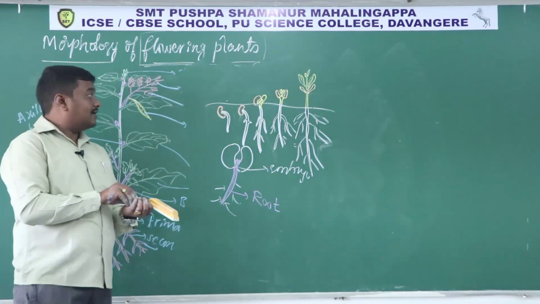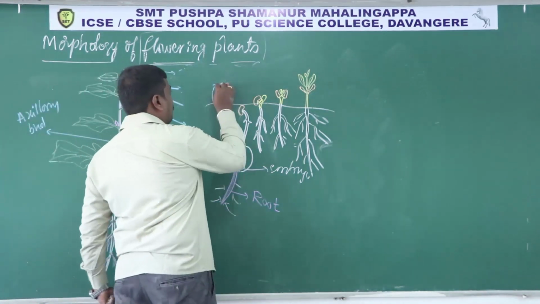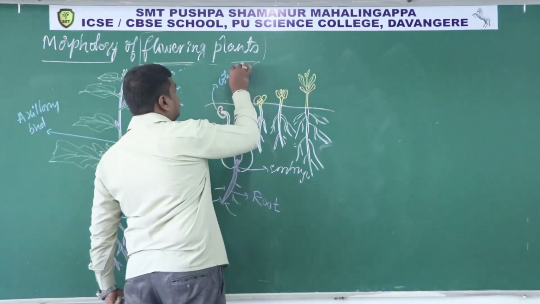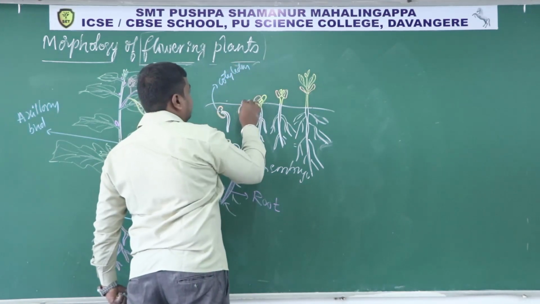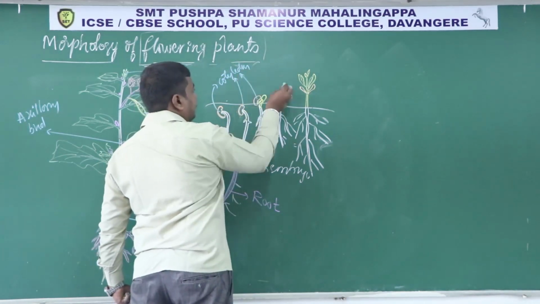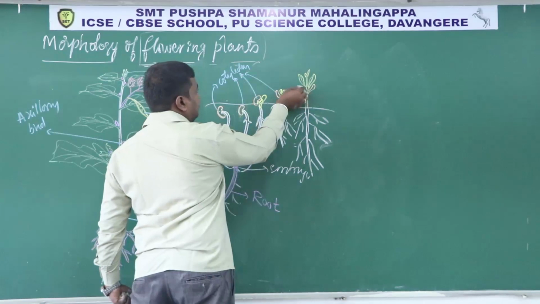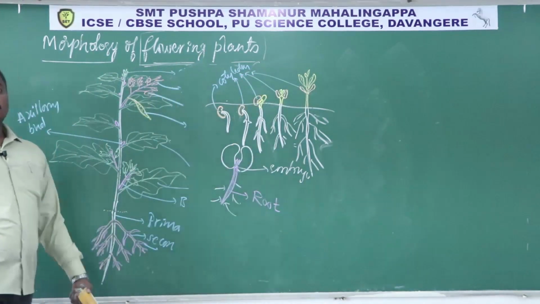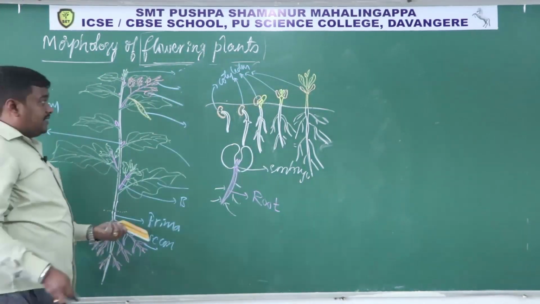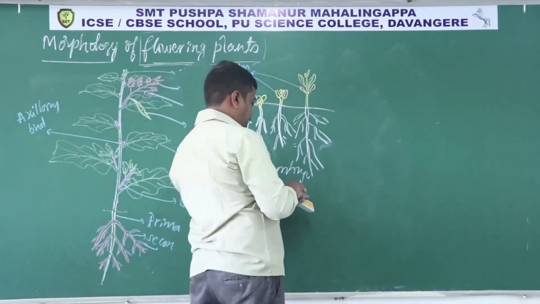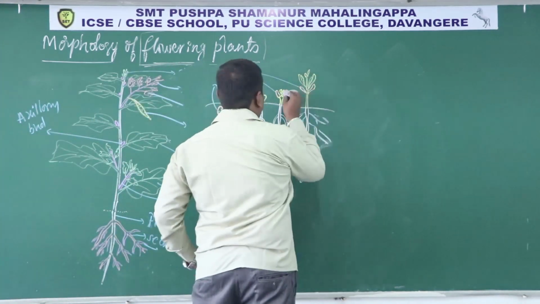See the structure. So this is cotyledon. This is cotyledon, this is cotyledon, this is also cotyledon. That cotyledon came out, and this part represents the shoot system.